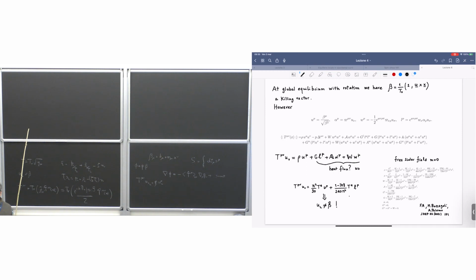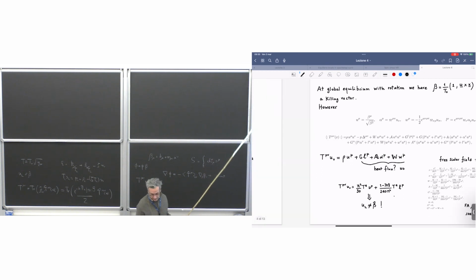So you can take xi equal 0 as, I would say, the simplest choice, and then we have something which is different from 0. What it means physically means that UL, so the Landau frame, is different from the Killing frame, okay, for the Killing vector. And so, in other words, it is true that even in the massless free scalar case, TL is not the physical temperature. Yes, please.